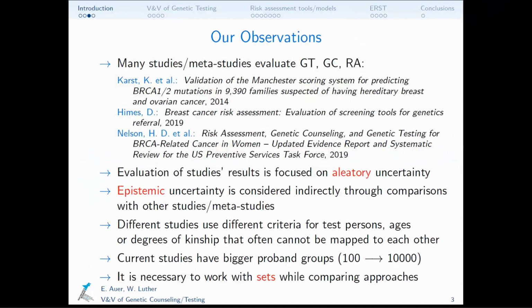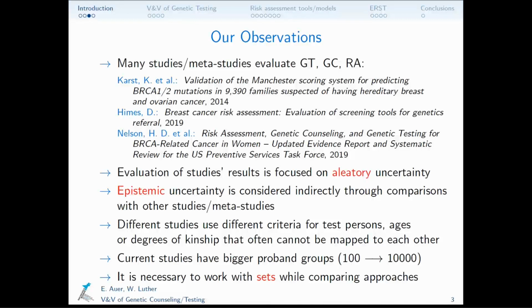Many studies or meta-studies deal with evaluating genetic testing, genetic counseling, and risk assessment. For example, those three relatively recent ones. You can observe that evaluation of study results is mainly focused on aleatory uncertainty.